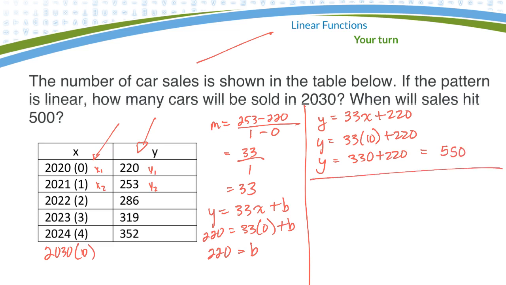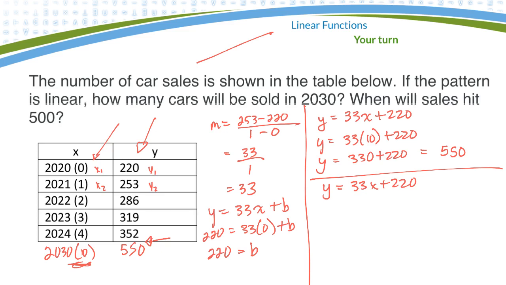Now the last question they ask is, when will sales hit 500? Well, it must be just before this, because this one we got 550, so it's got to be just a little bit before that, 2028 maybe. Let's solve it. Here's our equation. y equals 33x plus 220.